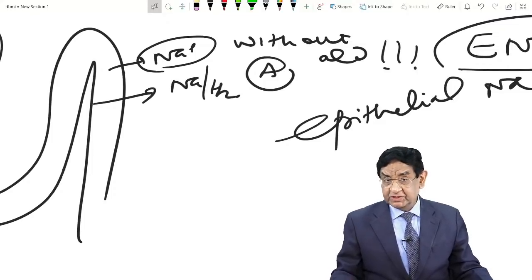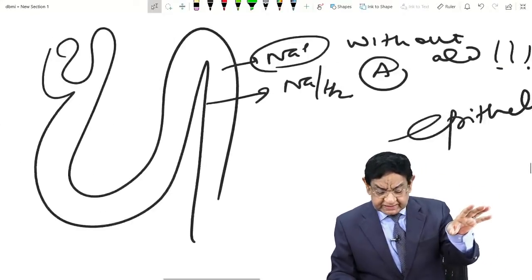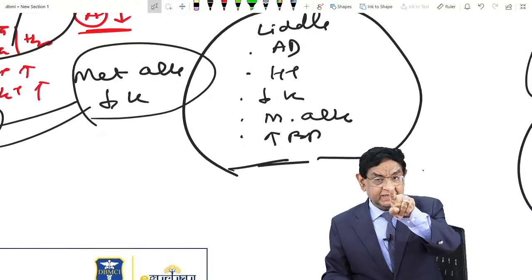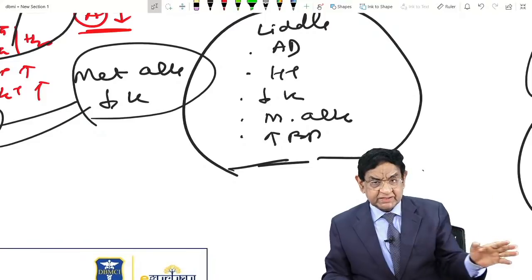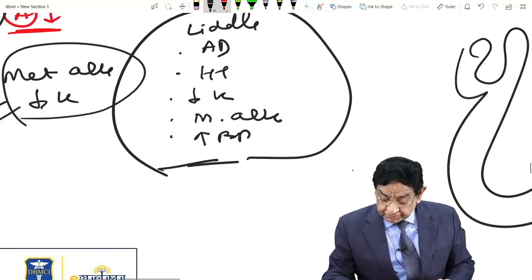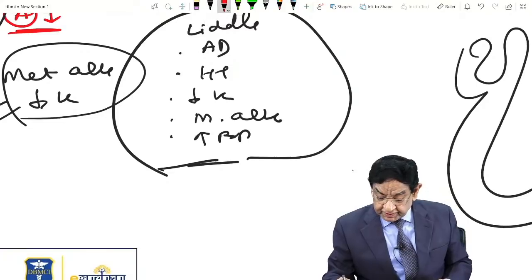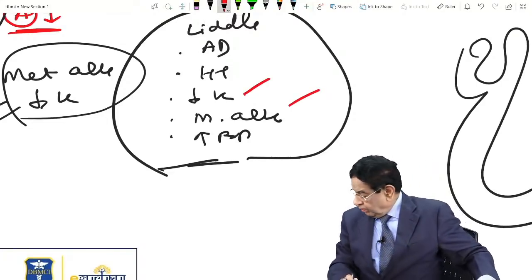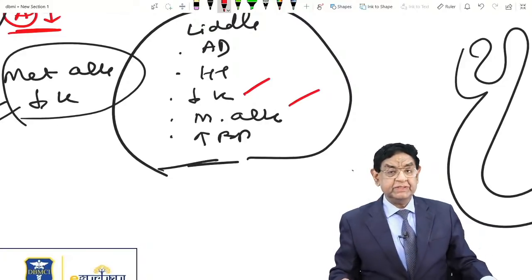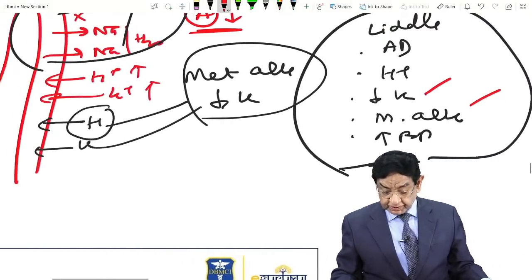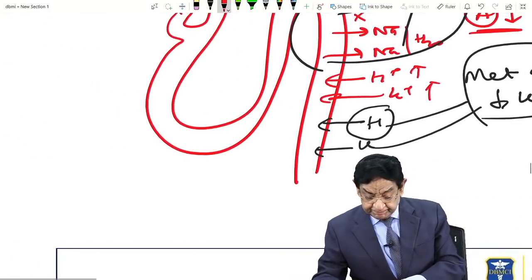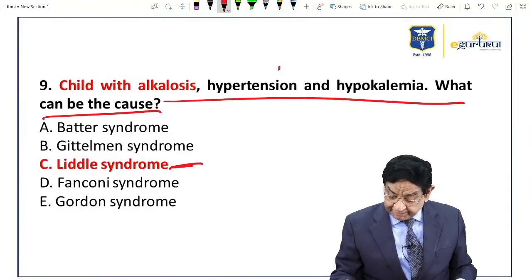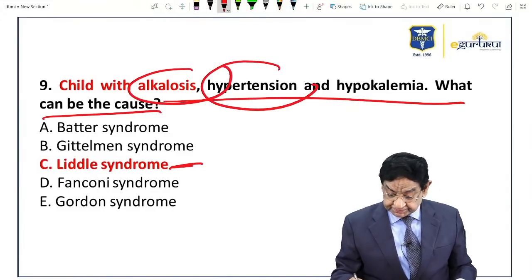Without tickets, no aldosterone. But the rest all goes by the law of electrostatics. H ion will go out, potassium will go out, and that will lead to so-called hypokalemia, metabolic alkalosis will happen. So understood? This is Liddle syndrome. So if you go back to our basic question, we are getting hypertension, alkalosis.